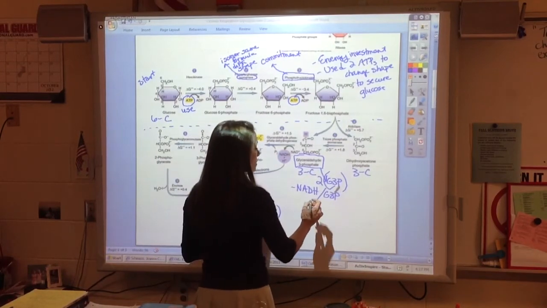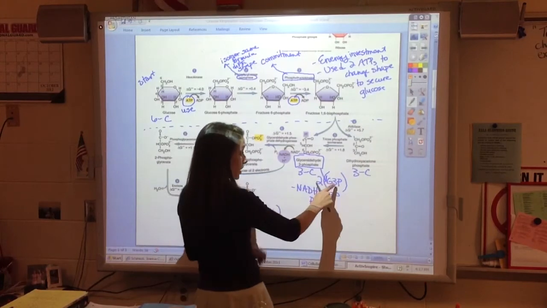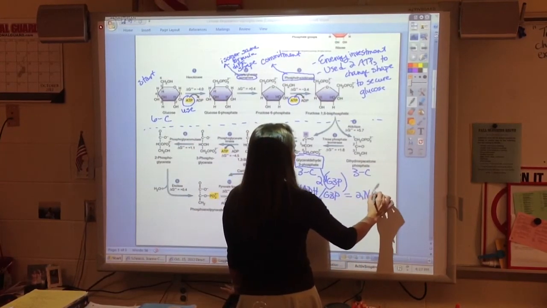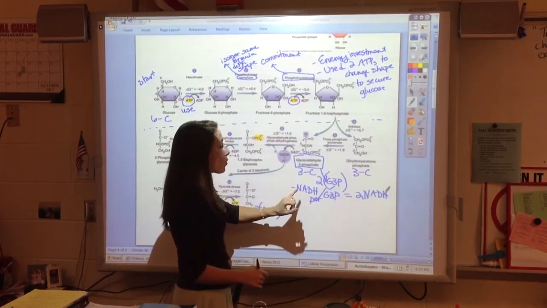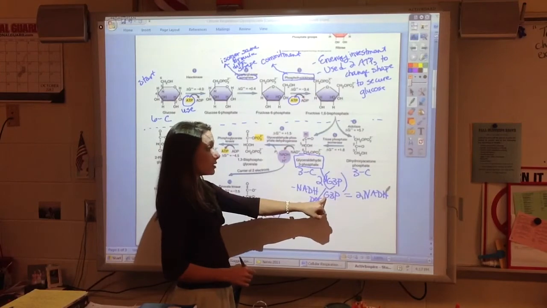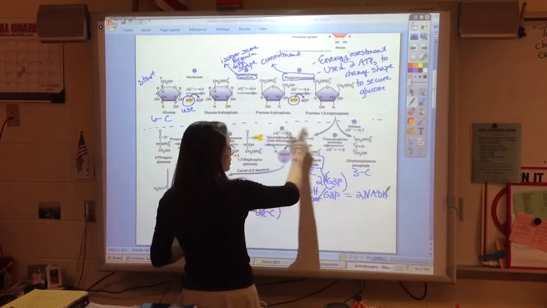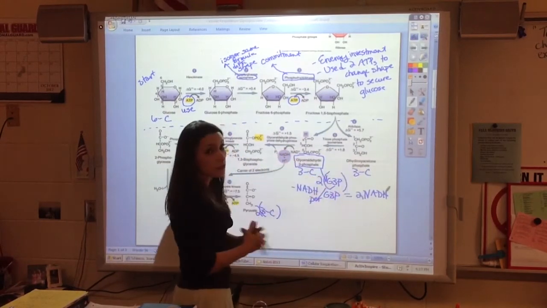And because we have 2 G3Ps, what I'm getting out of this is really 2 NADHs, because it's happening for both of these molecules.